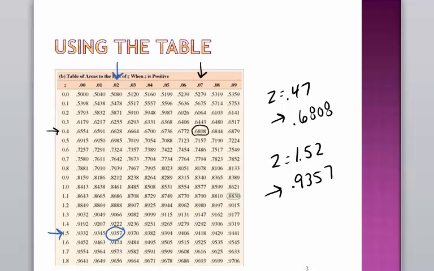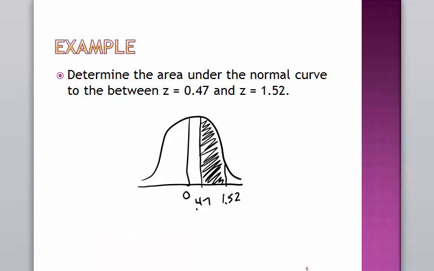And so now let's go back to our problem and work out our final answer. So we know that when we looked up 0.47, we found an area of 0.6808. And we know that 0.6808 is the area to the left of 0.47.